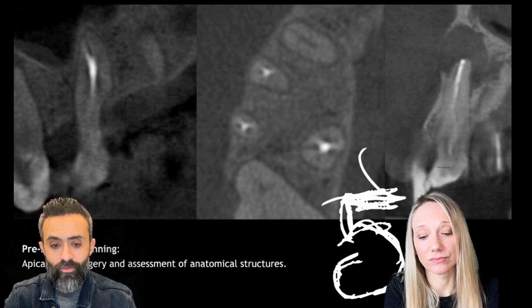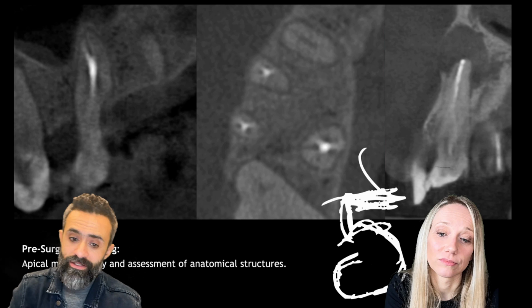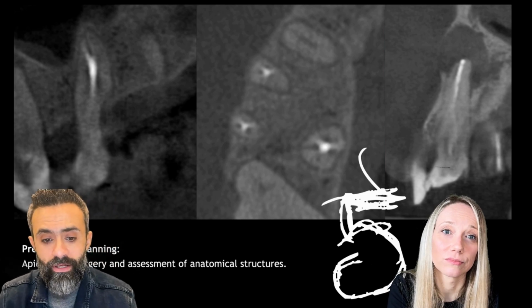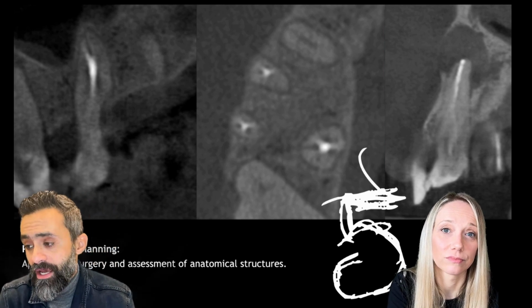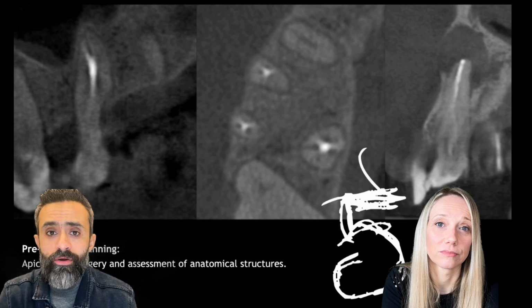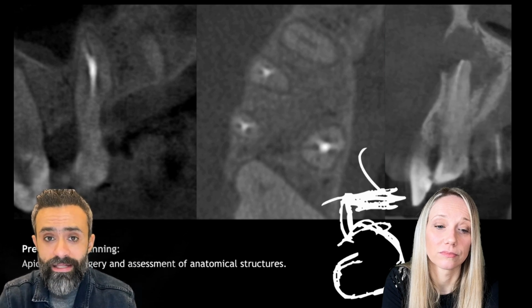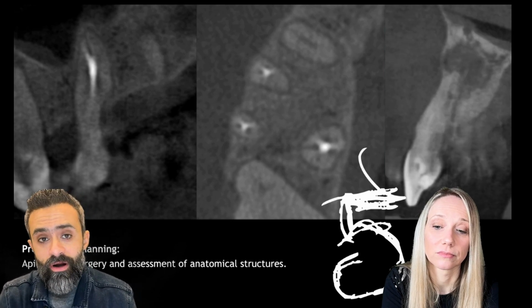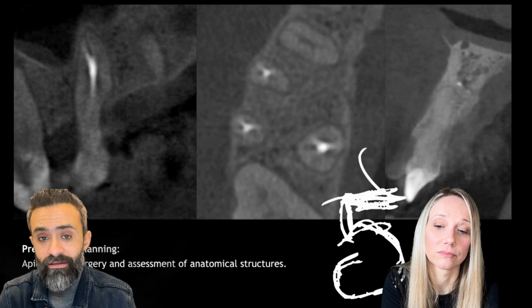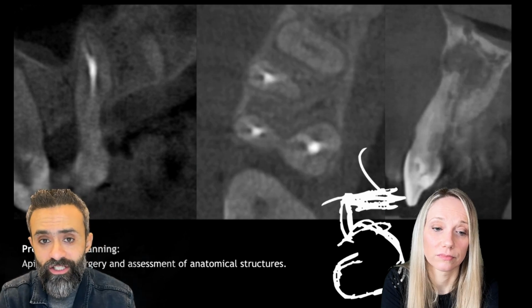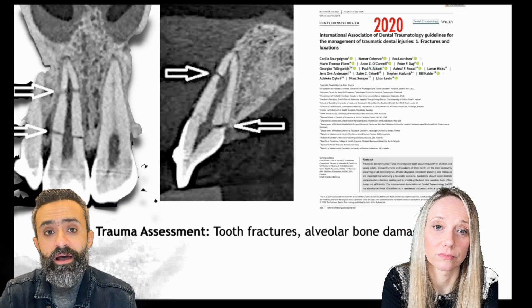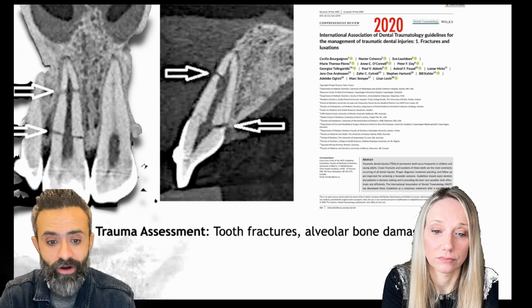I totally agree with that. This is very, very important, as you said, for a good safety margin during surgeries. But let's not forget also traumatic dental injuries, in which there are major luxations like extrusive or intrusive luxation, sometimes avulsions, root fractures, and alveolar fractures.